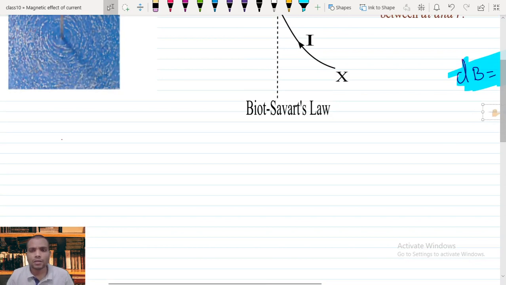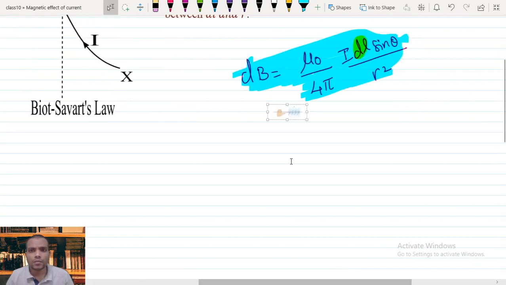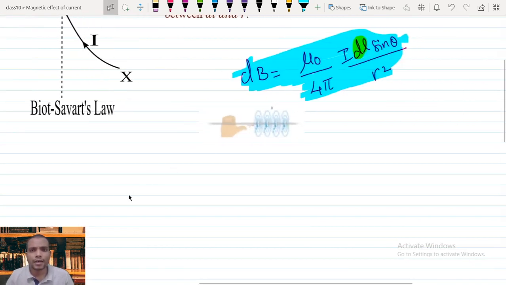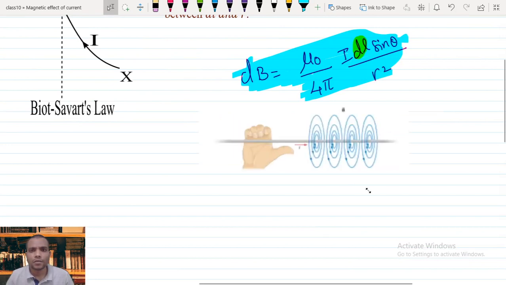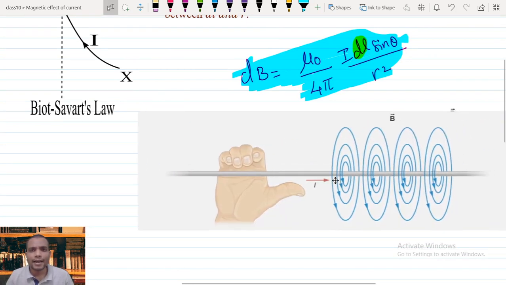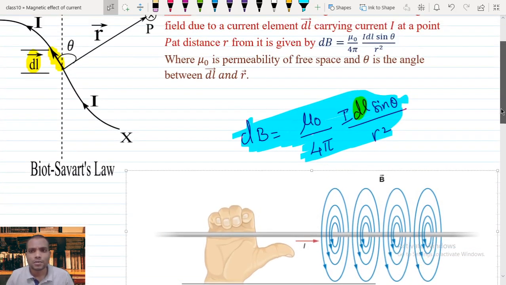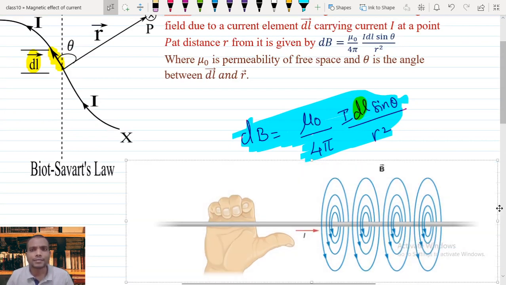The right hand thumb rule says that if you hold a current carrying conductor with your right hand, the curl of fingers indicates the direction of the magnetic field around the current carrying conductor, and the thumb indicates the direction of current.